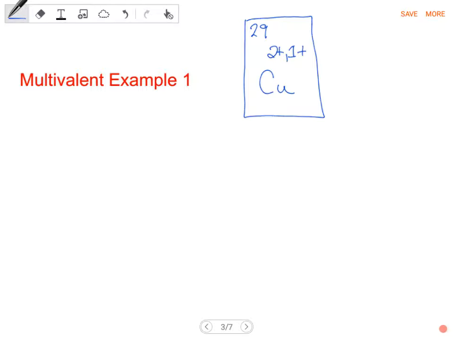So basically copper has 2 charges, and one of them is the common charge and one of them is a little bit less common. The one on the left-hand side, the one that you would read first, is the most common charge. So let's say we have copper and it's going to be added to, let's say, chlorine.